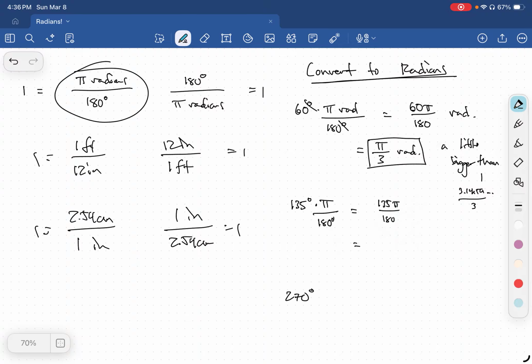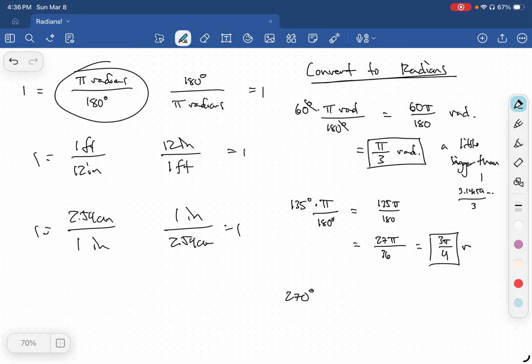So if we divide 135 by 5 and 180 divided by 5, I've got to do this in my head. 135 divided by 5 is 27. 180 divided by 5 is 36. Those are both divisible by 9. So we can go ahead and write that as 3 pi over 4.